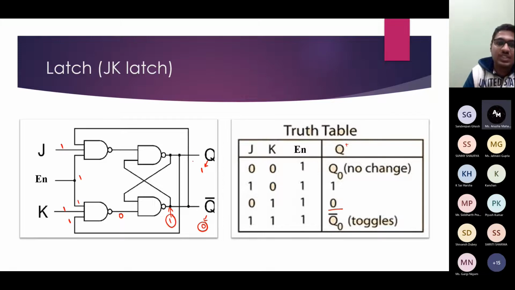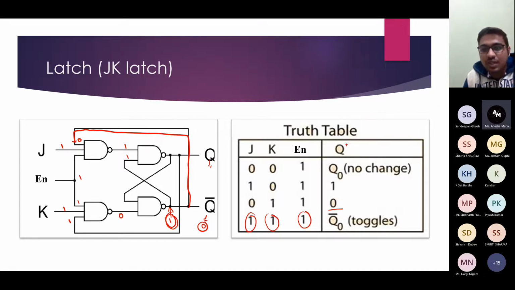Similarly, if you consider for this upper part, this Q complement was 0, so here it will be 0, then it will produce 1, and as this becomes 1, so here 1 1 it will produce 0. Means when J is equal to 1 and K is equal to 1 and enable is equal to 1, Q will become Q complement. Means the output toggles. Means if it was 1, it converted into 0, or if it was 0, it will be converted into 1. That's called toggling.